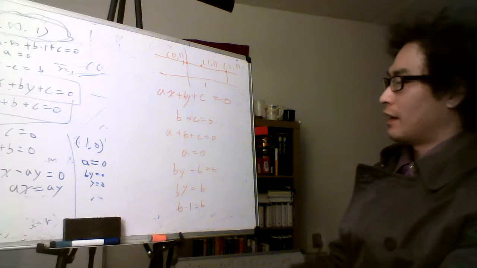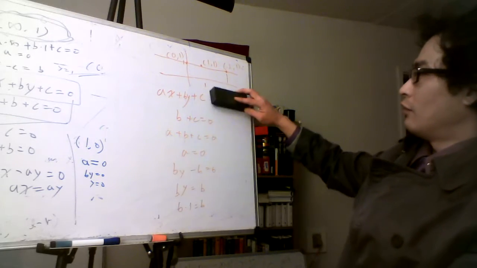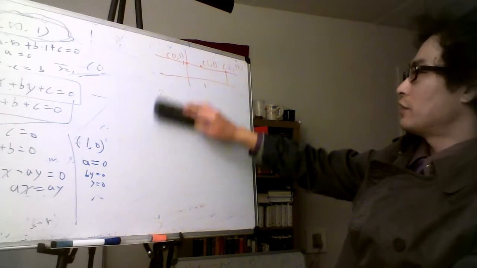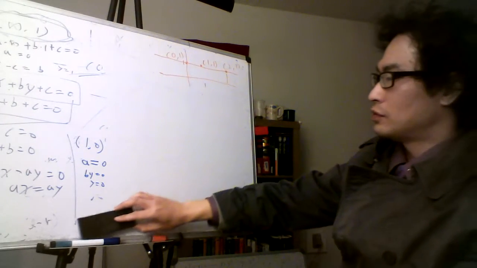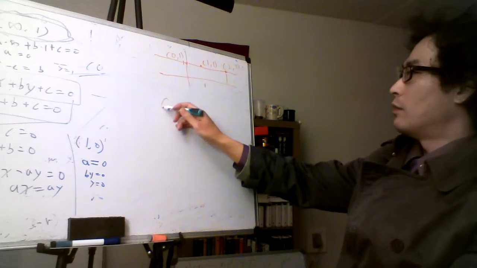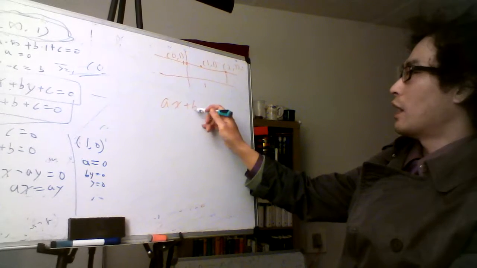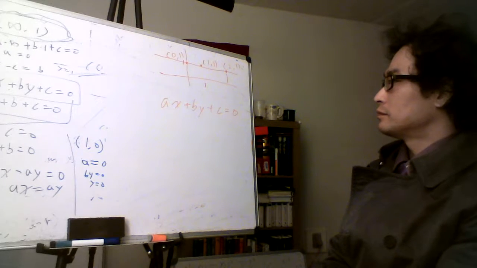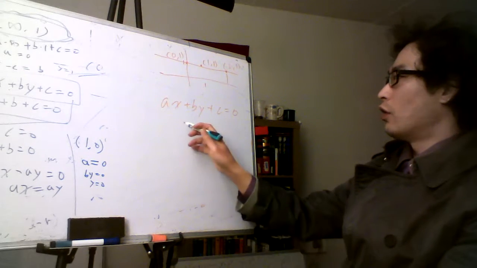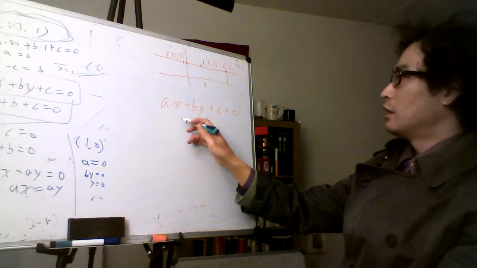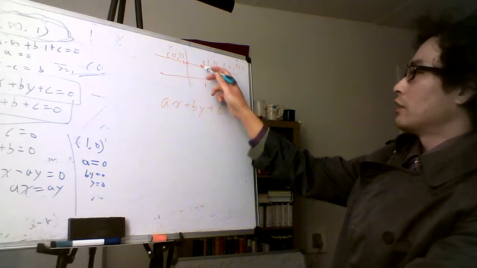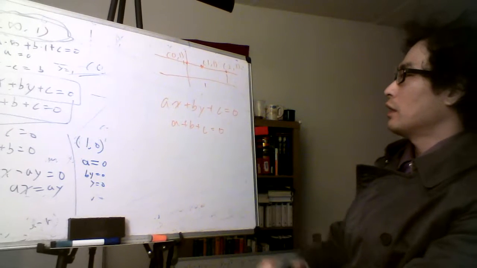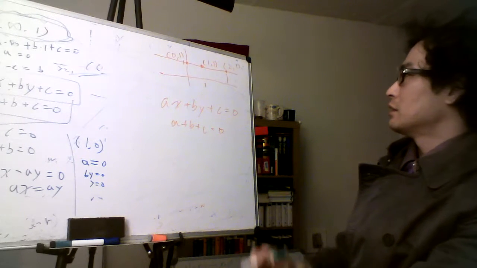But what if we come up with a brand new way to think about this, to solve this problem ax plus by plus c equals 0, okay? Okay, you have 1 comma 1, right? You pass through 1 comma 1 right here. So a plus b plus c is equal to 0, okay? How about this?